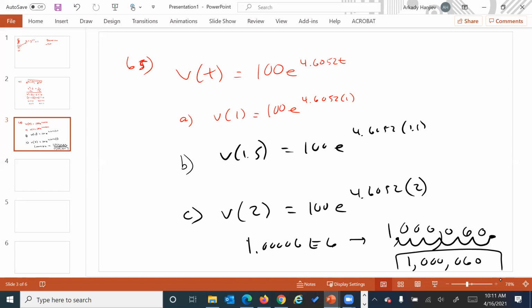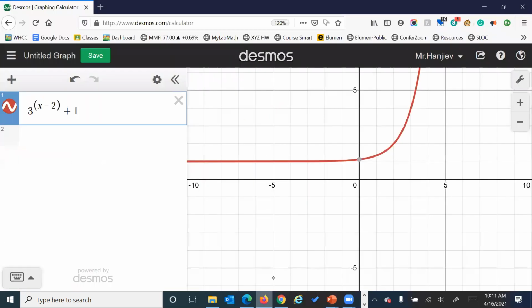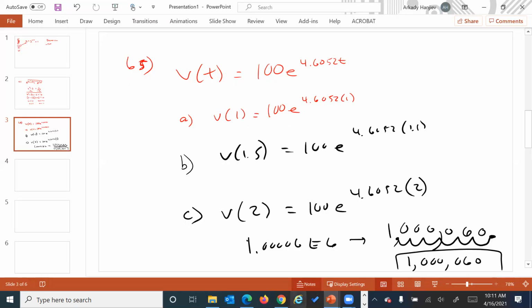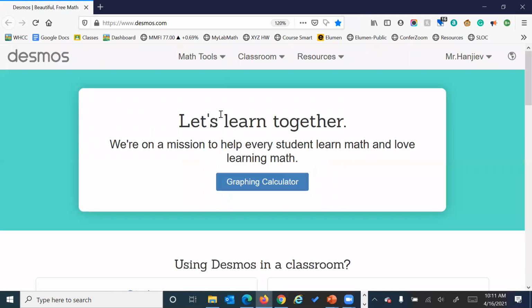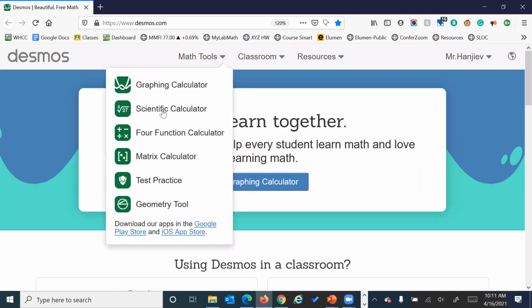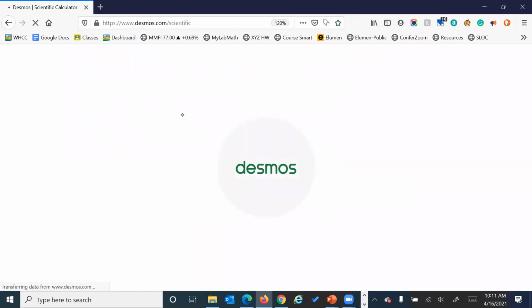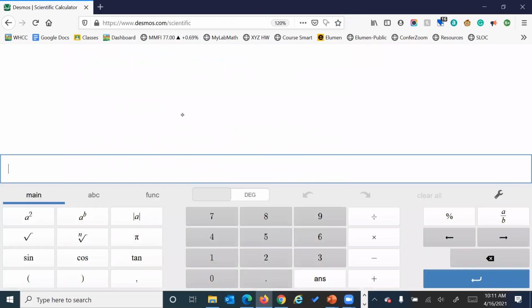Okay, are we good there, you guys? All right, let me jump to this one right here. So with Desmos, actually, let me get out of it. I'm going to go with, let's see, scientific calculator. Okay, how about this?